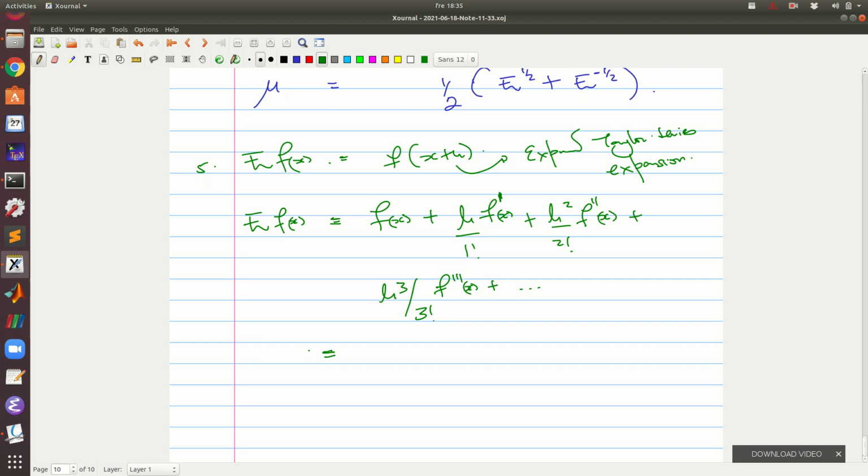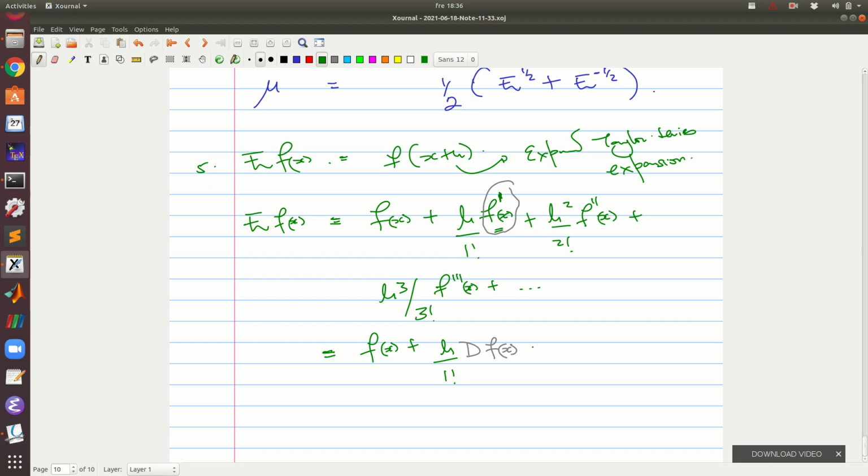Okay, so we can write this as f of x plus h over 1 factorial, but we said that that is the differential operator of f at x.